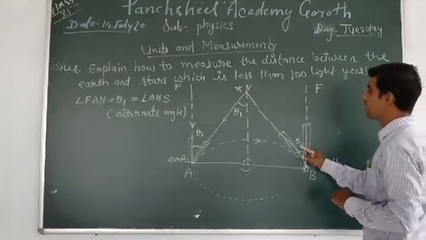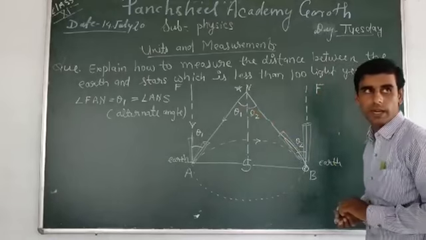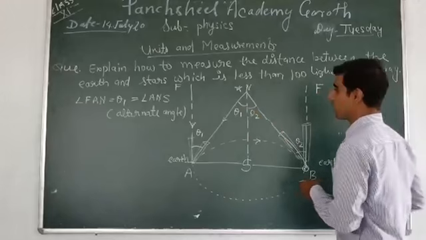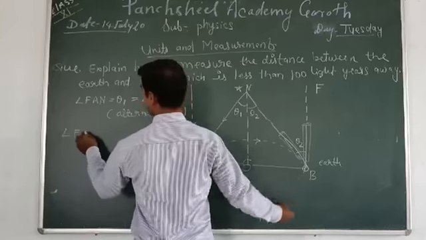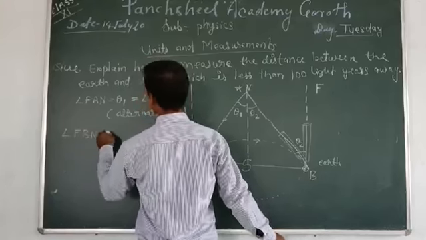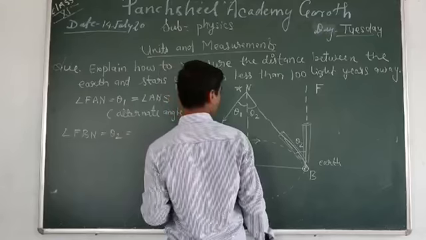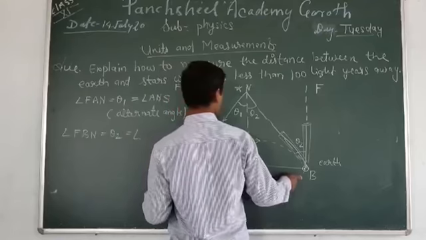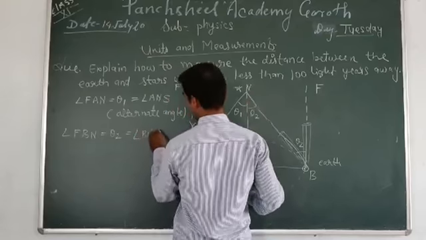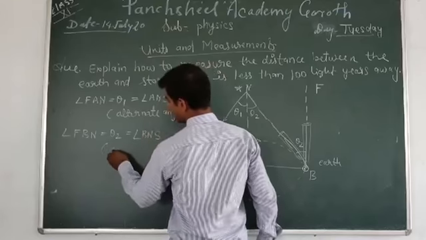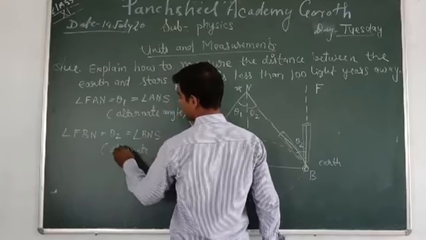If this angle is theta 2, then this angle is also theta 2. Why? Because alternate angles. So I write here angle FBN equal to theta 2 equal to angle BNS. These are also alternate angles.